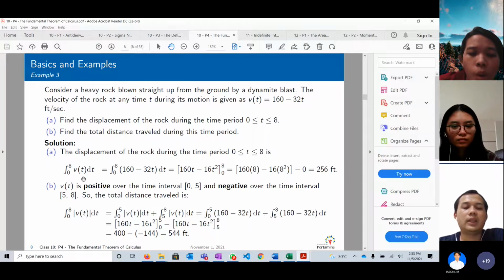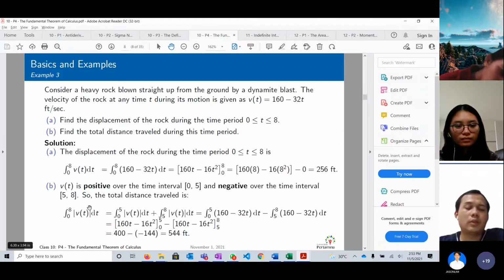Jadi di sini karena v-nya positif di 0 sampai 5 dan negatif di 5 sampai 8, maka dalam hal ini kita ambil nilai absolutnya, tetap definite integral, tapi kita ambil absolut dari kecepatannya.